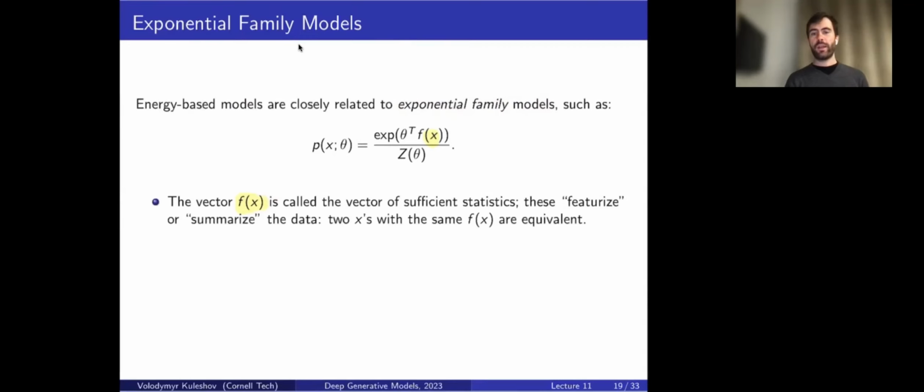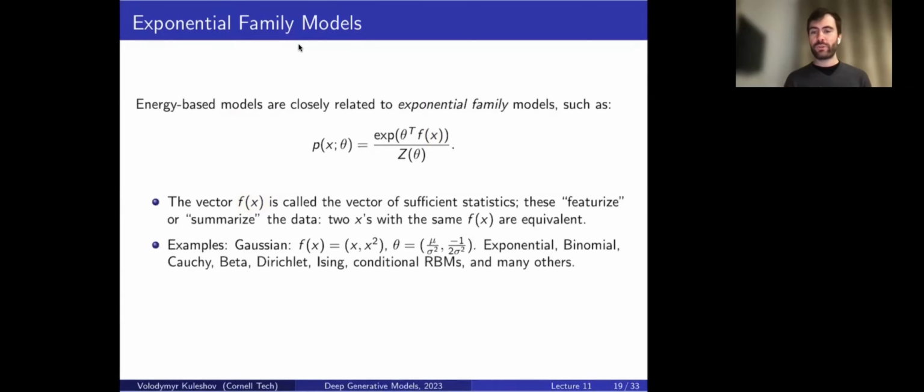This is actually a very common type of model. For example, a Gaussian would be a special case of this. And this is why I said earlier that a Gaussian distribution could be thought of as a special case of an energy-based model. Many classical distributions in statistics are special cases of an exponential family, and by extension, they're a special case of an energy-based model.